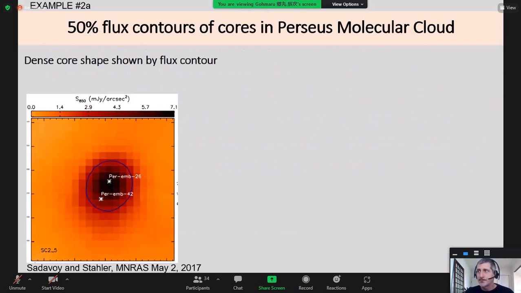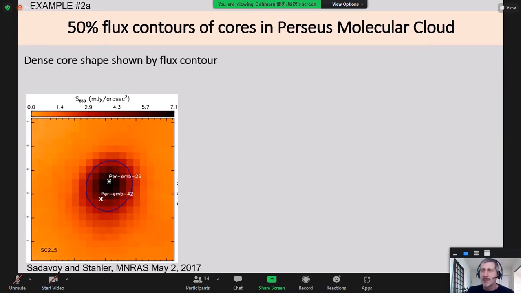Here's version 1. This is an image of a core with an embedded binary system. The two white spots are embedded stars, and the blue line is the 50% flux contour found by connecting points with half the flux value of the peak flux for that core.